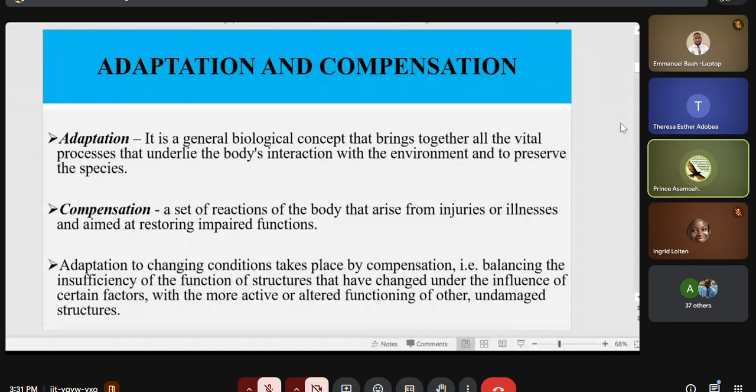Have I succeeded in confusing them all? Any question, suggestion, contribution? Okay, it means we have all understood.